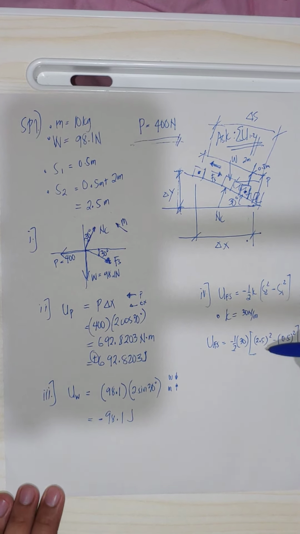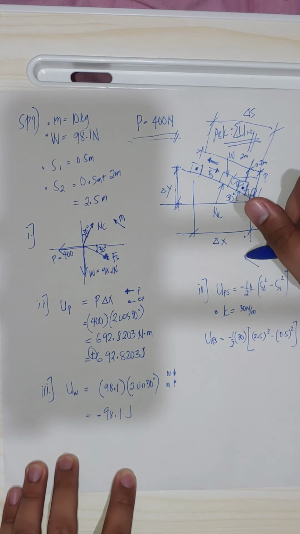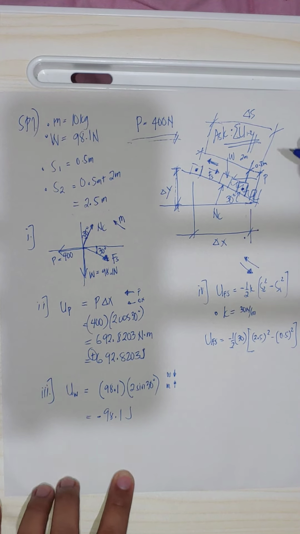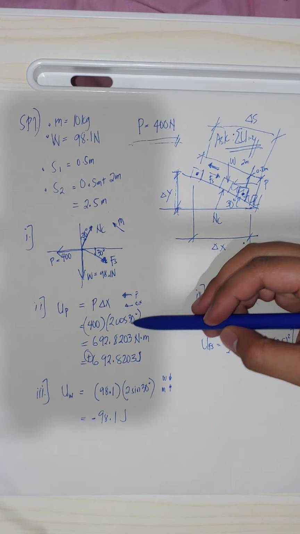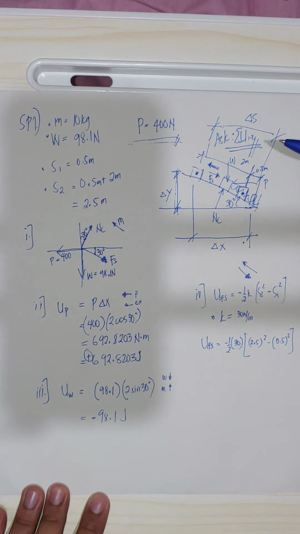Why do we have no sine or cosine? It is because the direction of the force is the same as the direction of the motion. We used sine and cosine earlier so that the direction of the force would be the same as the direction of the displacement.